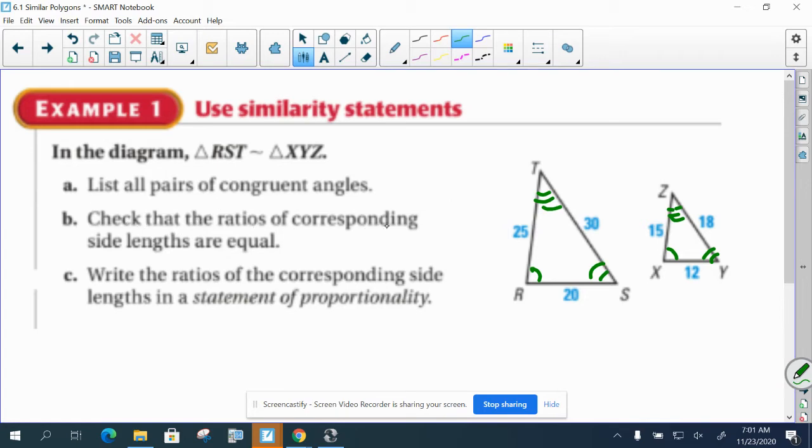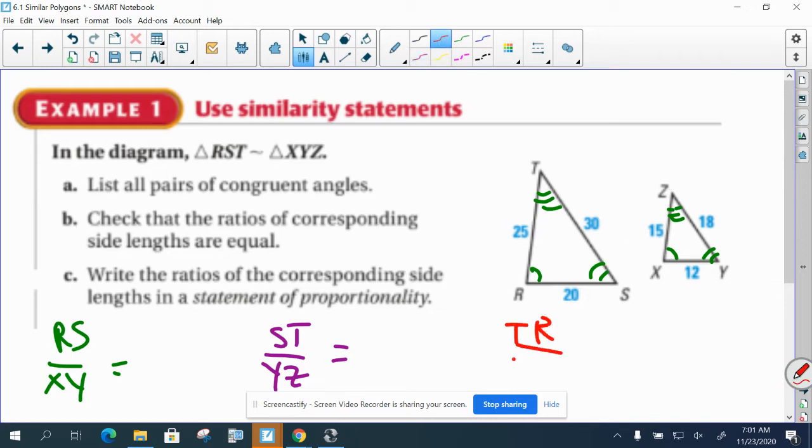And then check that the ratios of the corresponding side lengths are equal. All right, so let's check RS to XY. So RS to XY, we'll find that one, and then we'll find ST to YZ, and then we'll find TR to ZY. All right, so let's go ahead and find those. We'll simplify, reduce your fractions.